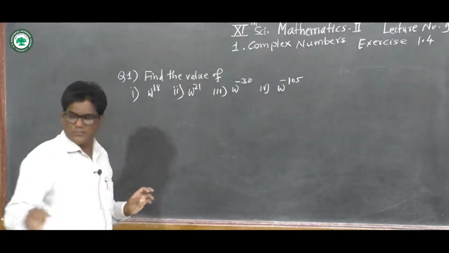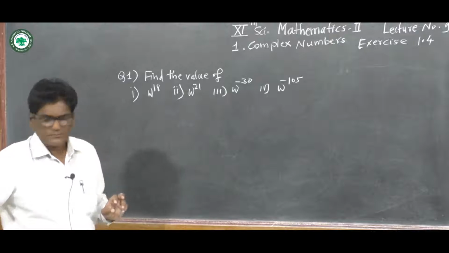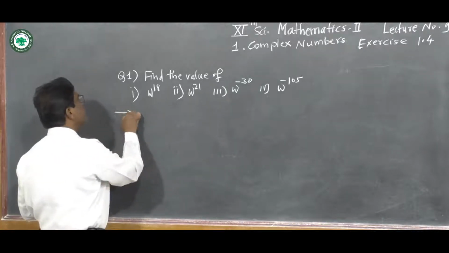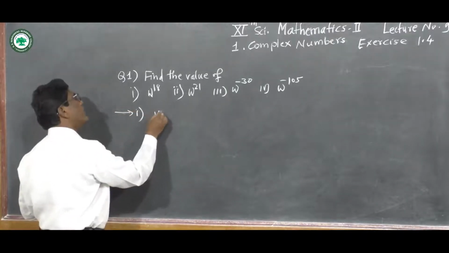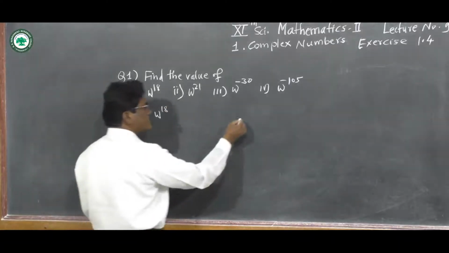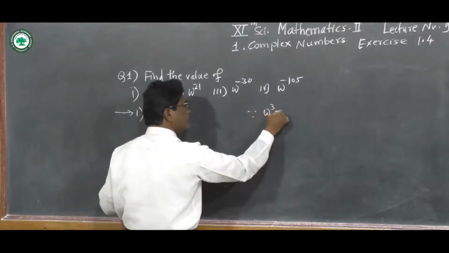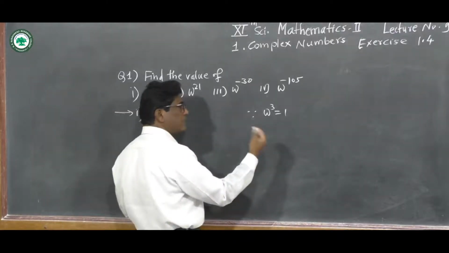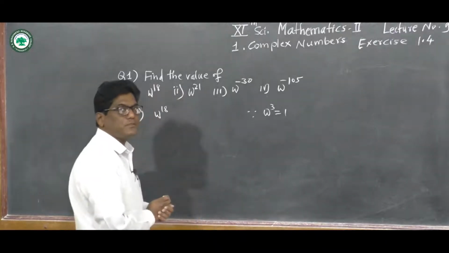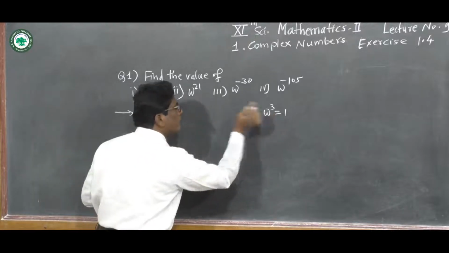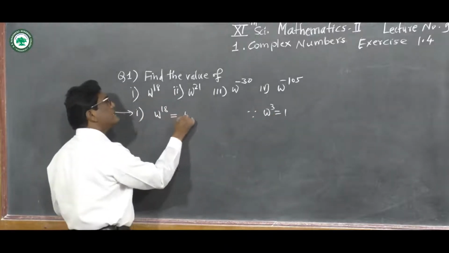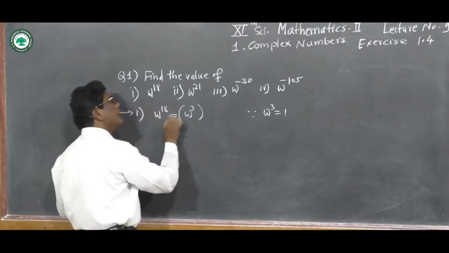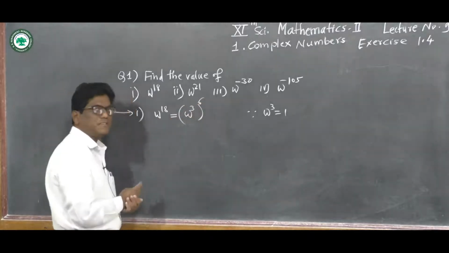Now solution of this. First, omega to the power 18. Since omega cube is equal to 1, we have seen omega cube is equal to 1, and the second relation is 1 plus omega plus omega square is equal to 0. So using omega cube is equal to 1, we write this as omega to the power 3 and 3 sixes are 18.